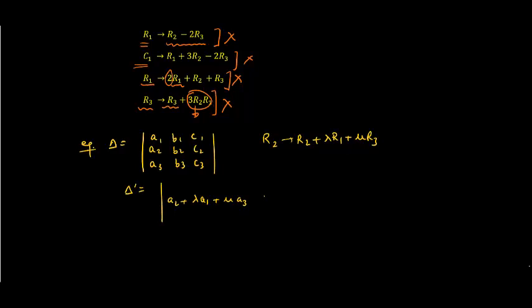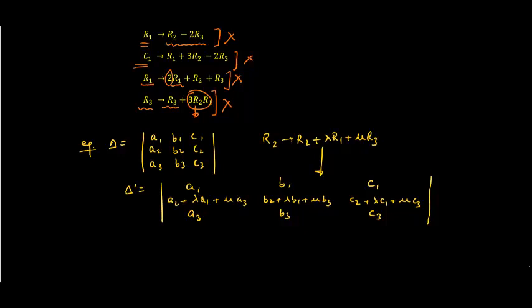And then you have b2 plus lambda times b1 plus mu times b3, and then you have c2 plus lambda times c1 plus mu times c3. And the first row will be as it is, इसमें हमने कोई change नहीं करा था, and the third row is also as it is. So this is the new determinant obtained after transformation. तो ट्रांसफॉर्मेशन के बाद डिटर्मिनेंट ये बन गया, ठीक है.